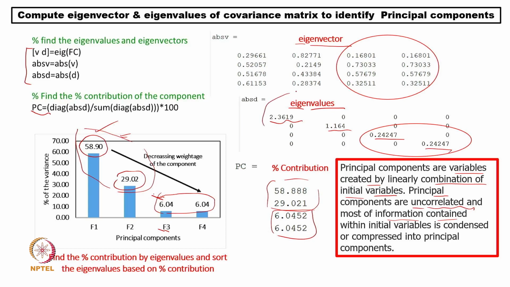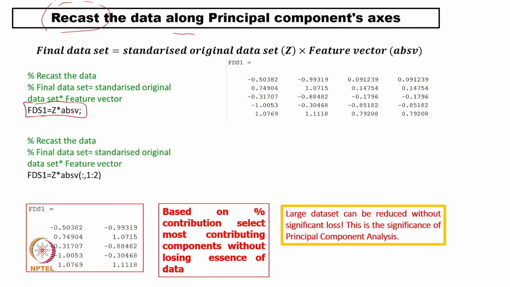If I assume all four eigenvalues are important, then we can still recast the variables along those axes. Suppose one contributes 58%, another 29%, and the third and fourth 6% each, and all are important for us.